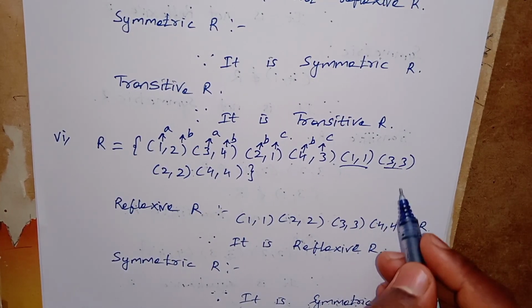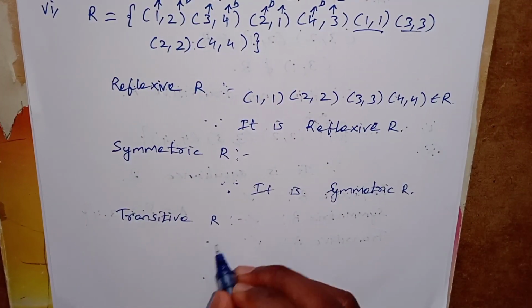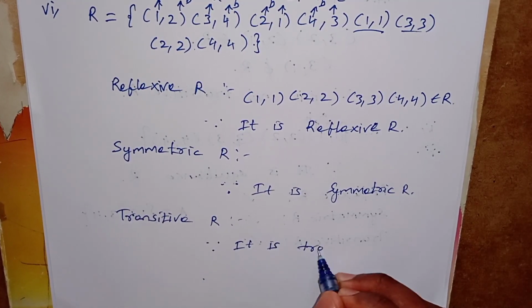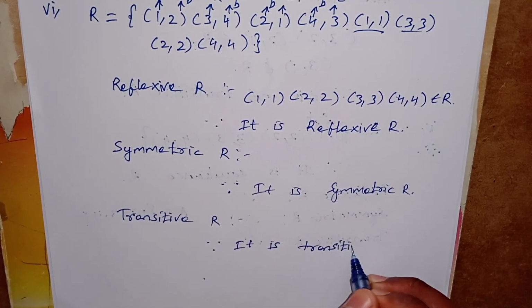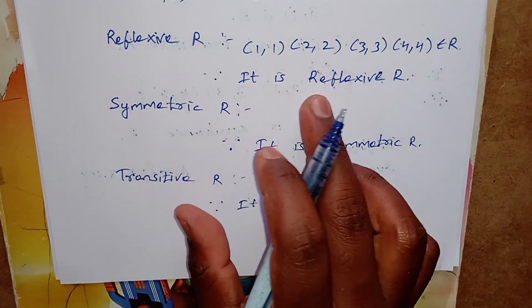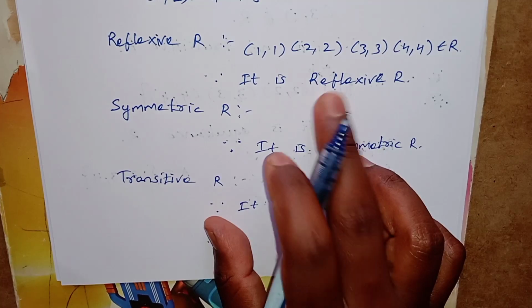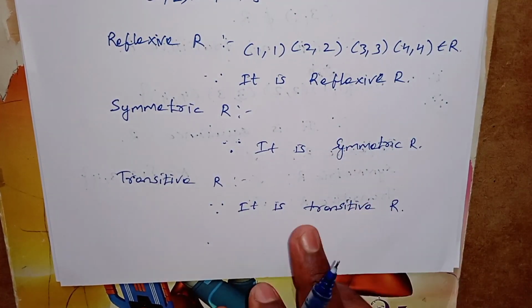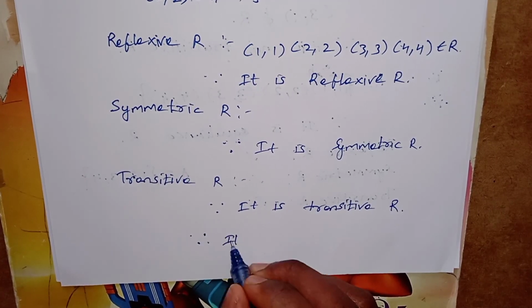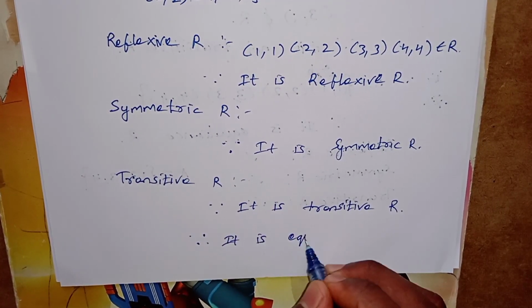Okay, therefore here also it is a transitive relation. Okay, finally it satisfies 3 conditions: reflexive relation, symmetric relation and transitive relation. Therefore you should write it is an equivalence relation.